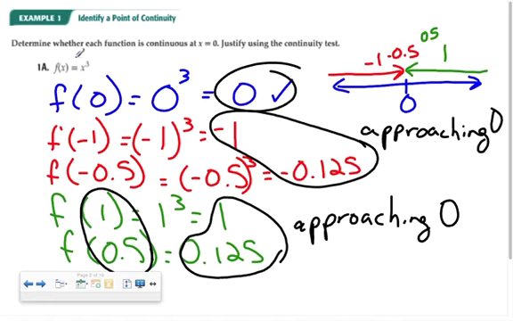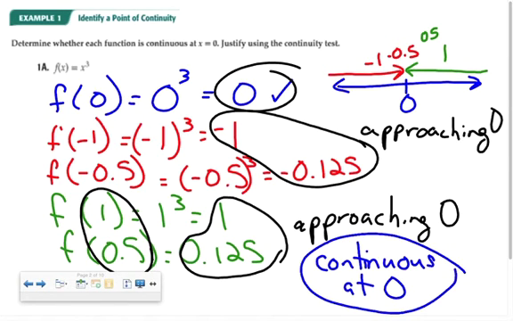My bottom line answer is that it's continuous at 0. And this whole process that I went through was the justifying using the continuity test.